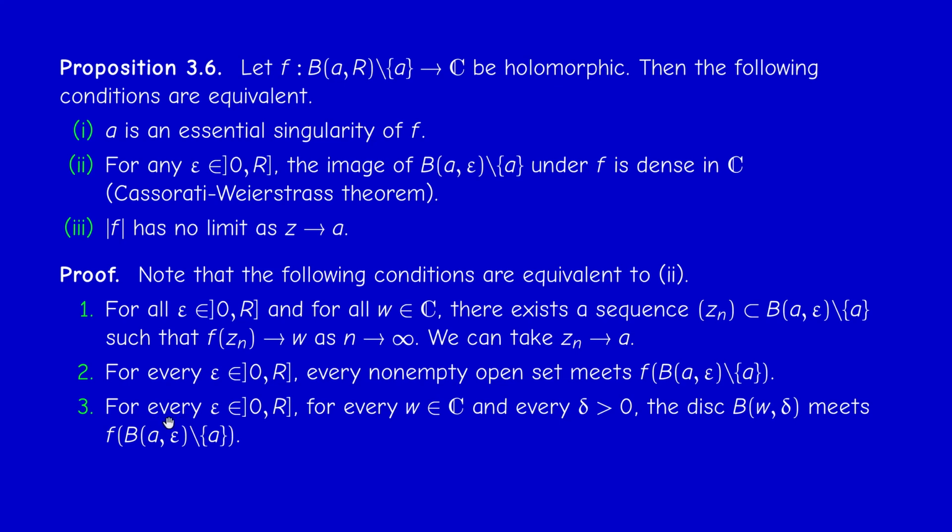What is the negation of this condition? For every epsilon between 0 and r, and for every w in C, and for every delta, the disk B(w, delta) meets the image of this punctured disk. So the negation would be: there exists epsilon, there exists w, there exists delta, such that the disk does not meet f.